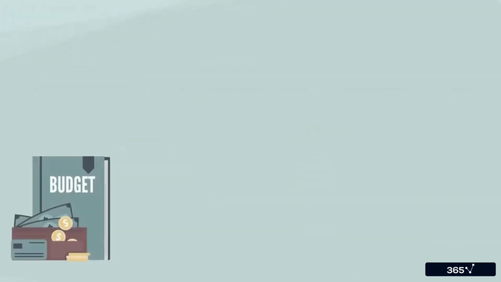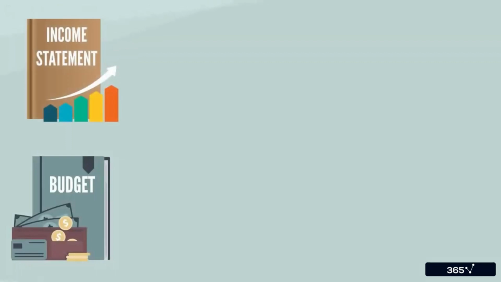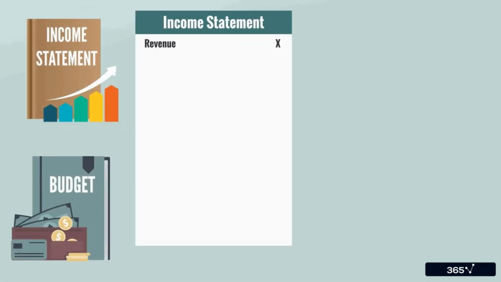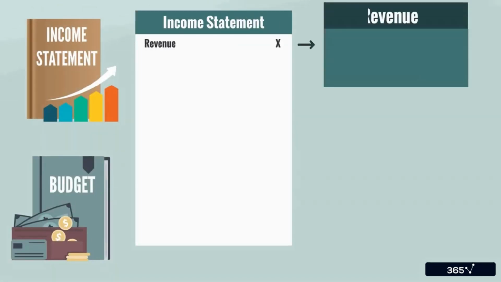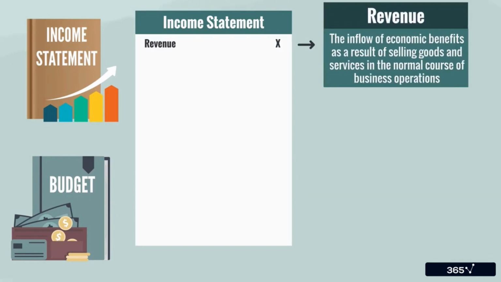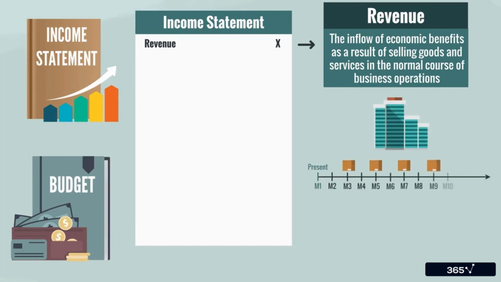When preparing a budget, we have to start from the P&L's top line, the revenue figure. By definition, this is the inflow of economic benefits as a result of selling goods and services in the normal course of business operations. In budgeting terms, total revenue is based on the sales that a company expects to generate in the upcoming periods.